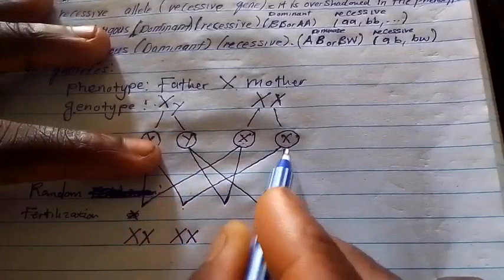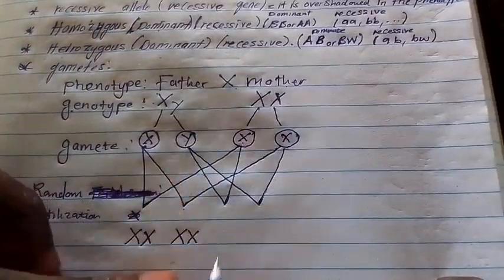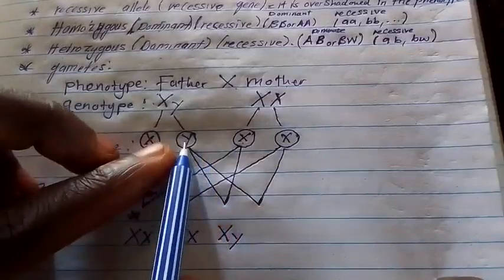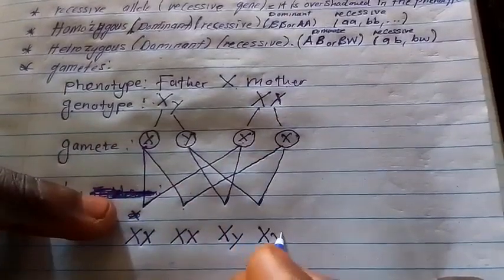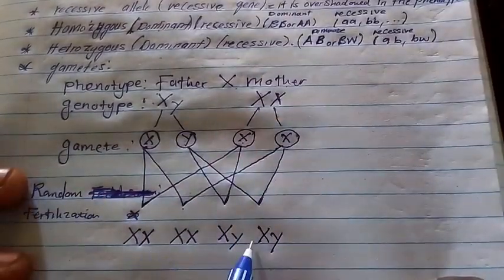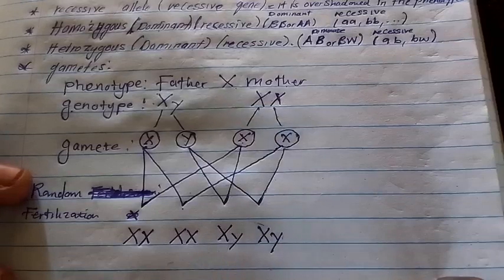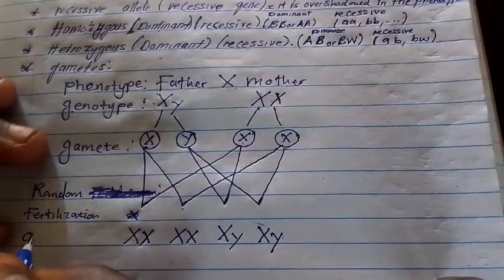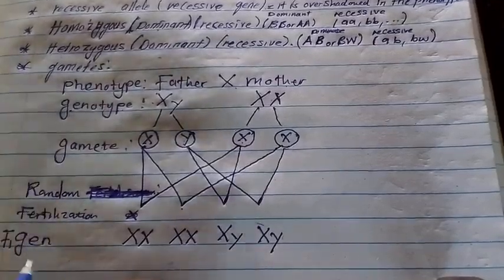When I combine X and Y, what I'm going to have is X and Y. And also when I combine this Y and this X here, I'm going to have X, Y. So since these are alleles, and alleles are represented by letters, and in addition the genotypes are represented by alleles, this one is going to be the genotype, or we can just say the F1 genotype. When I say F1, this one is the first filial generation genotype.